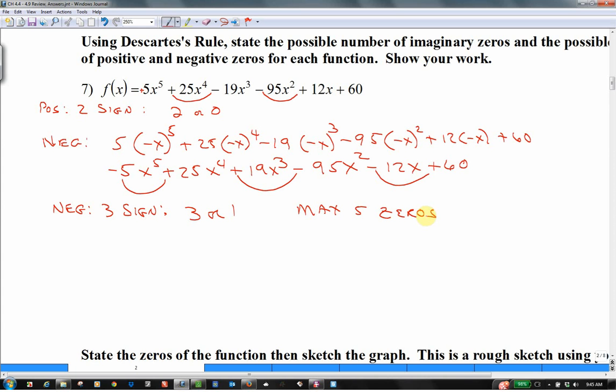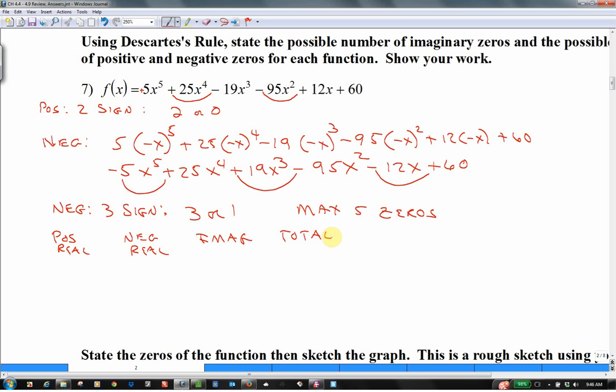Okay, so the possible combinations I could have here is I could have 2 real positive roots. Let me label the top. These are the positive reals. Here's the negative reals. Here's the imaginaries. And here's the total.